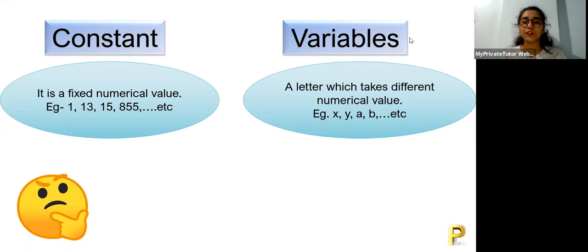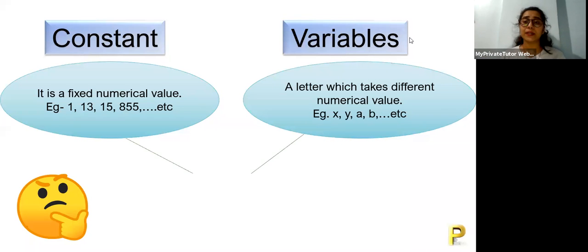But variables are letters which take different values. If you take X, or Y, or A, B, any alphabet, it doesn't have any fixed numerical value. If you take the value of X as 1, tomorrow you can take it as 2. It can change according to whatever value we want to consider. Those are called variables.